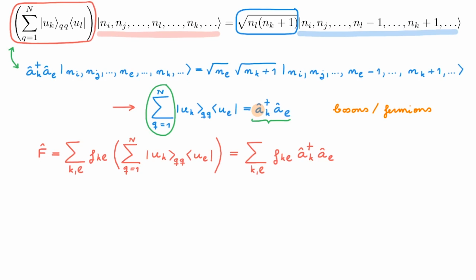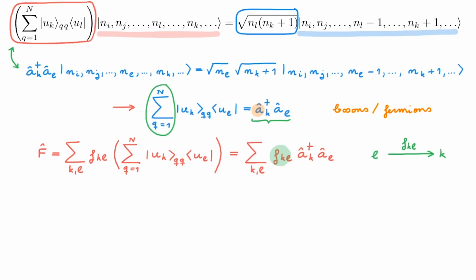This is the one-body operator in second quantization I wrote down at the beginning of the video, and this form is valid for both bosons and fermions. So how can we conceptually understand what the operator does? It essentially moves one particle from state L to state K, and the matrix element here tells us the amplitude associated with this transition.